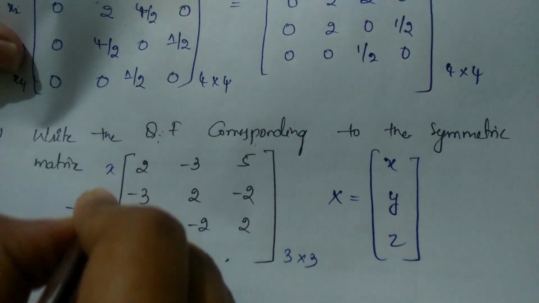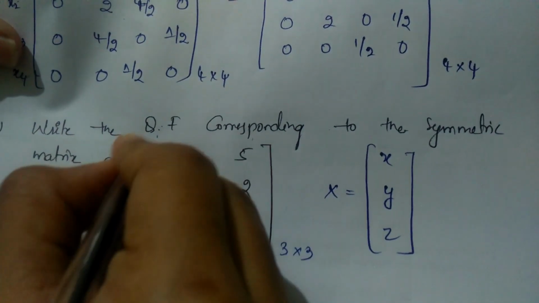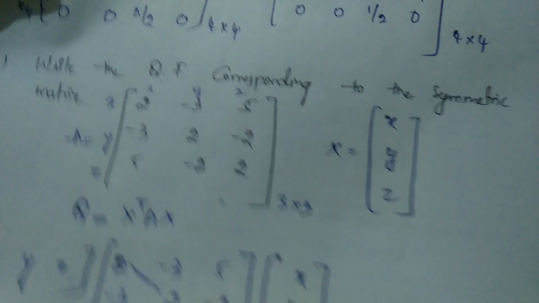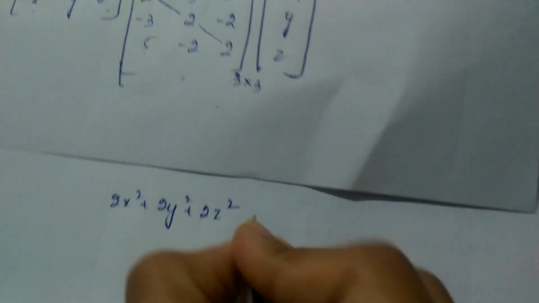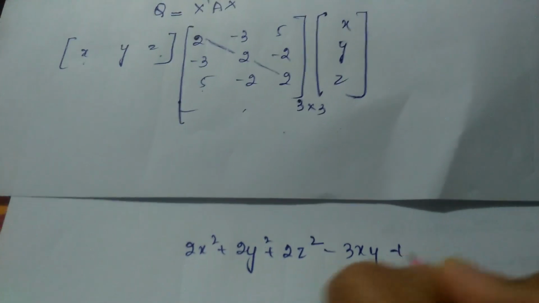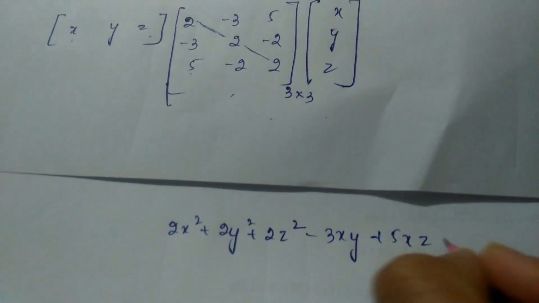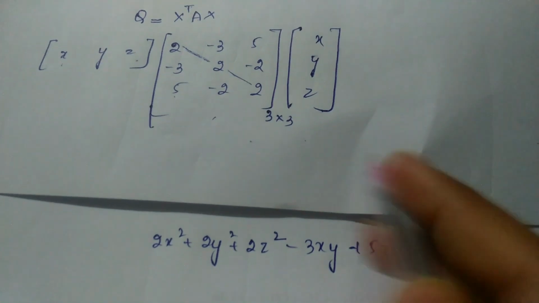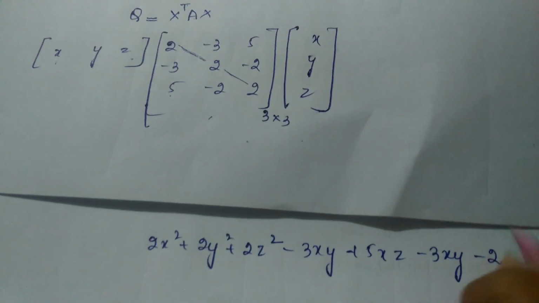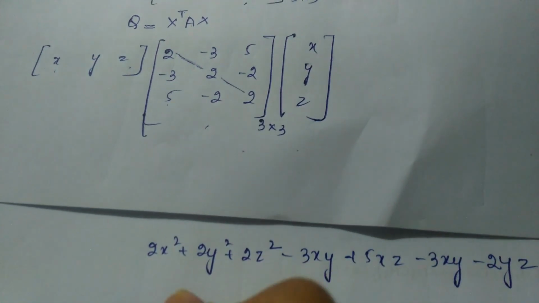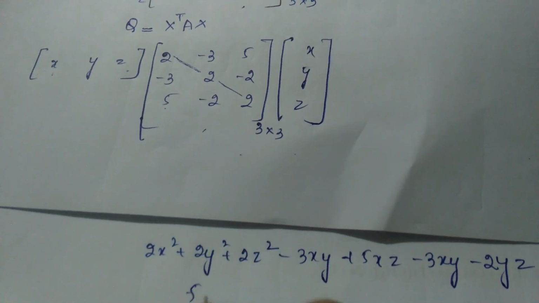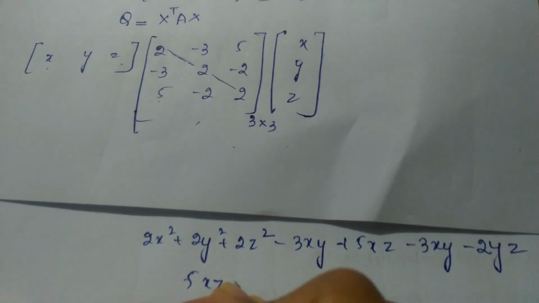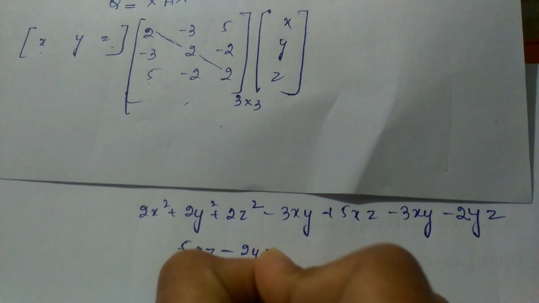Here it's x, y and z. So write the coefficients as minus 3xy plus 5xz minus 3xy, from here minus 2yz, and here 5xz minus 2yz.